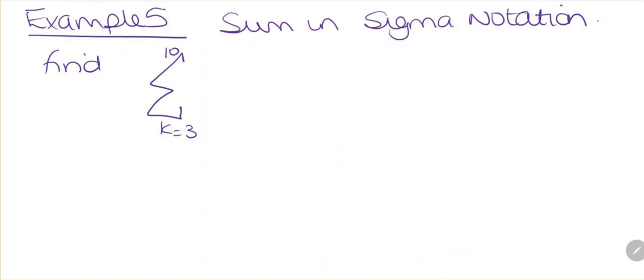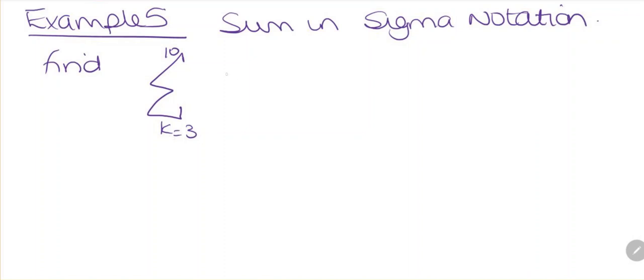Okay, so we're going to look at example 5. And this is when we're given the sum in sigma notation. So you'll see this large sigma. We met this last time. So we have the 10 on the top, and the first term, so k is 3.